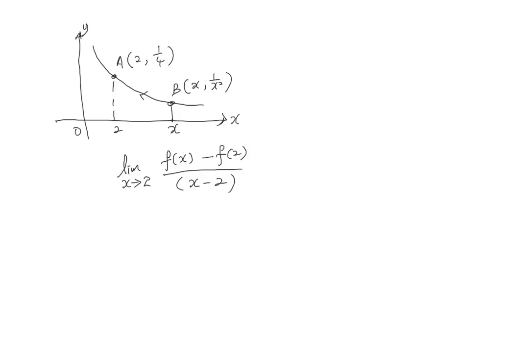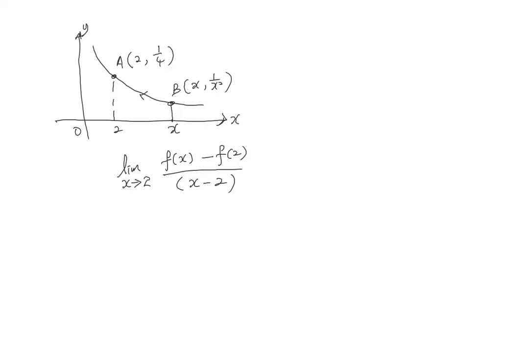That's why, you know the basic principle, then you can be creative. The basic principle is how the slope of a chord approaches the slope of a tangent, when one point moves closer to the other one. So what happens to the value of x?